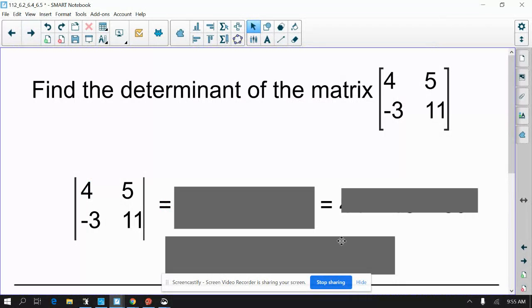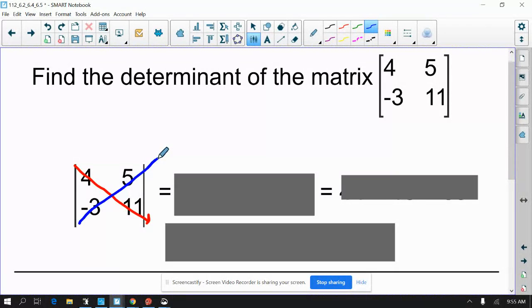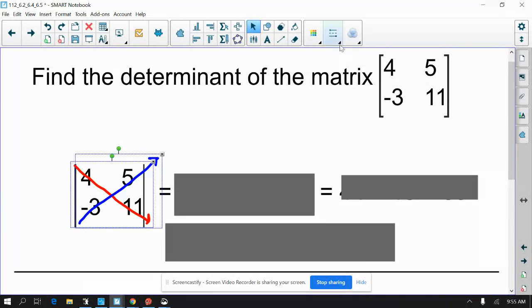So let's practice. Find the determinant of this. Using that little arrow method, which is probably not necessary, you would multiply 4 times 11. That would give me 44. You would multiply -3 times 5. That would give me -15. And you subtract.